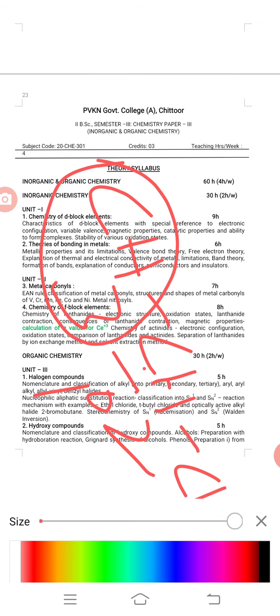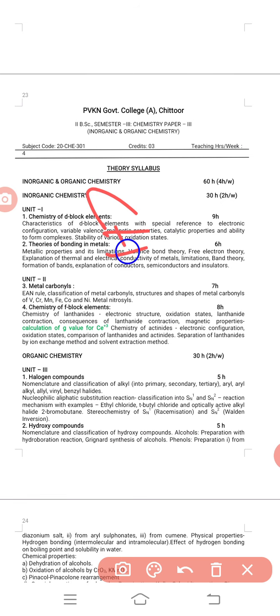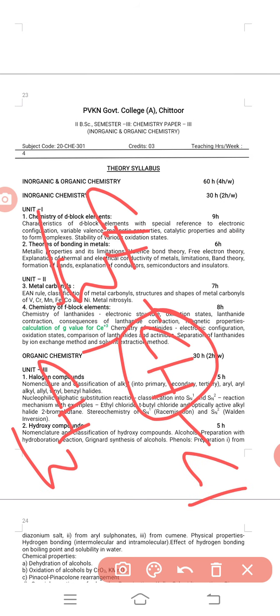A primary carbon containing halogen is called a primary halogen compound. Next, secondary halogen: CH3CHClCH3. This carbon is bonded with two carbons, so it is a secondary carbon.